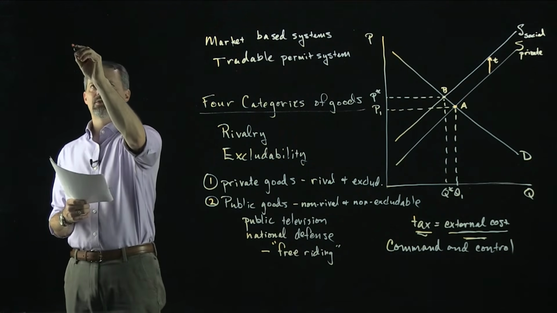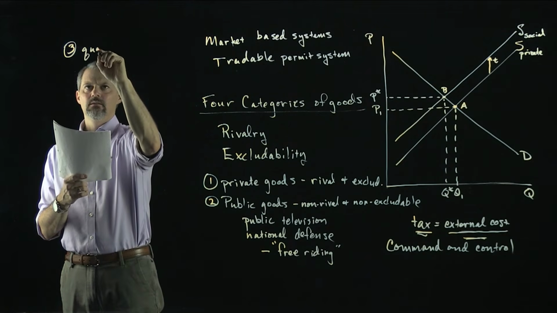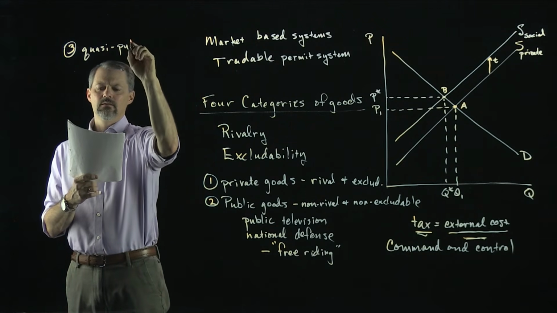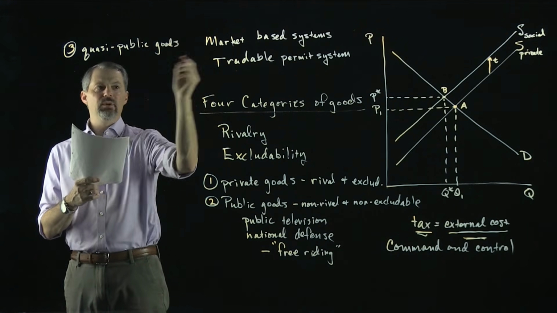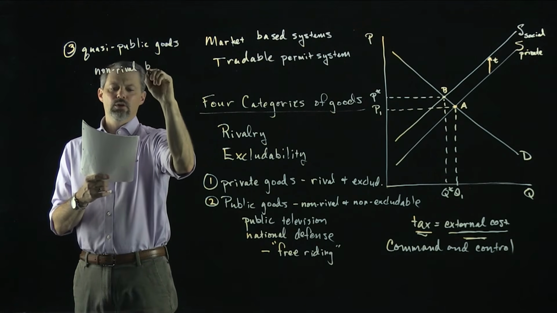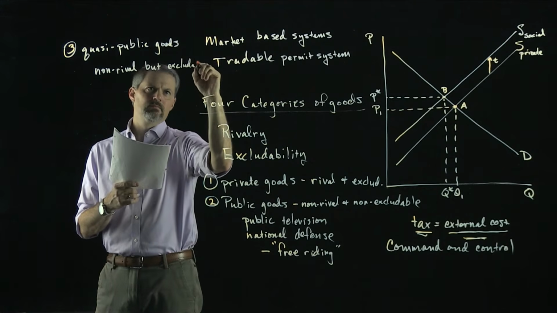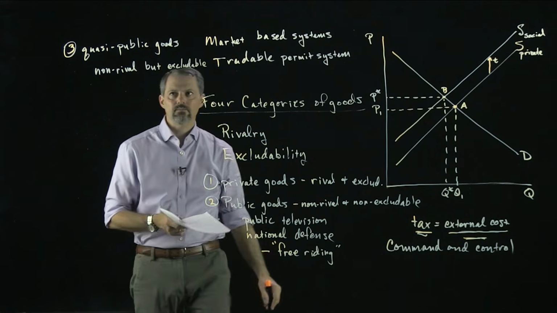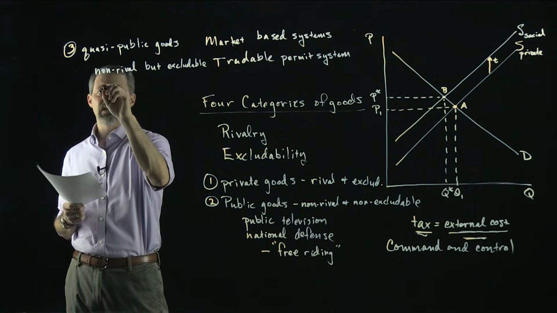Let's talk about the third category. It's what we call quasi-public goods. A quasi-public good would be one that is non-rival but excludable. So this would be something like satellite radio or satellite TV.